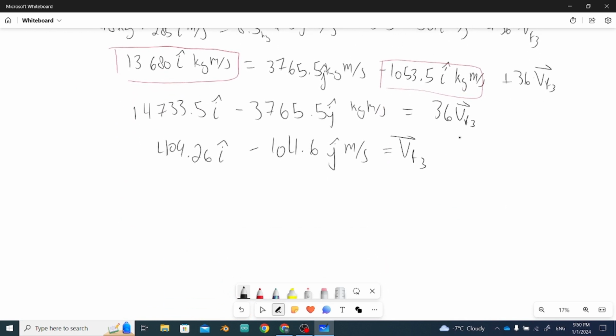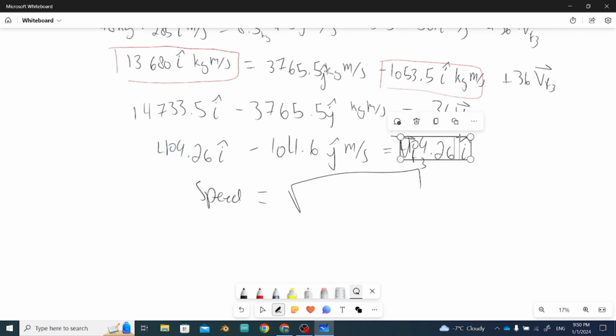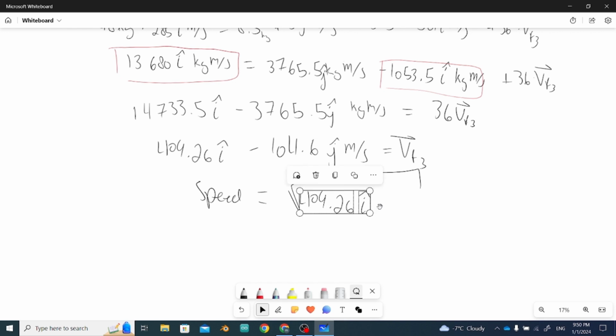So speed is just going to be the square root of this squared. So you take that squared, all of that, and you add it to, and I'm just going to remove this, okay, it's a bit too small.